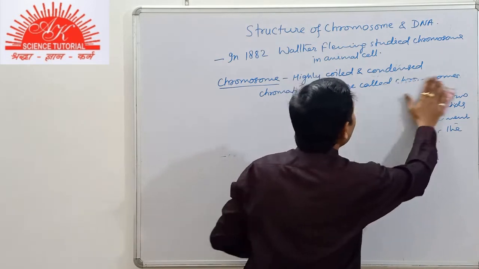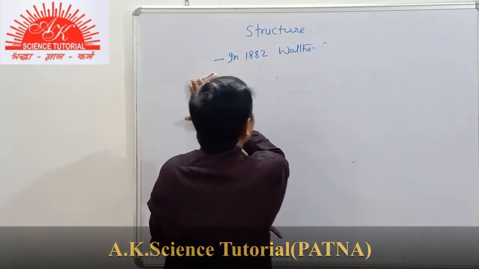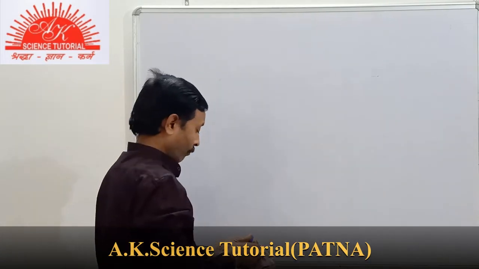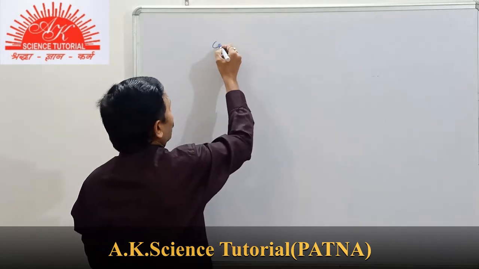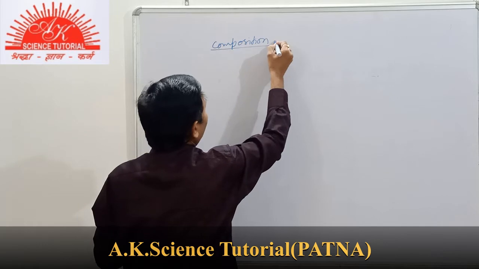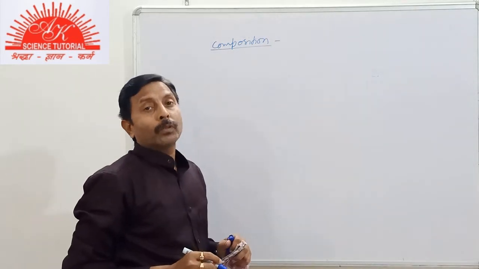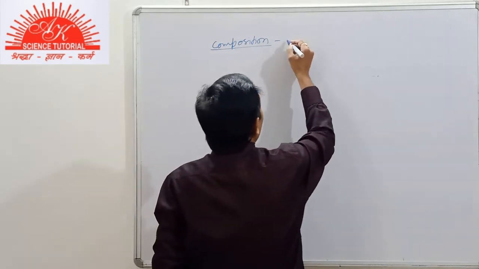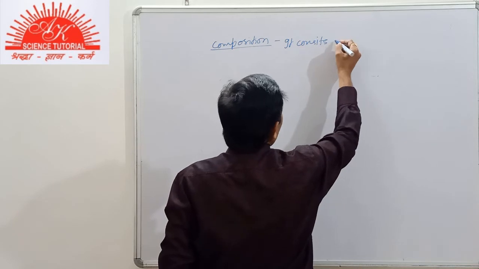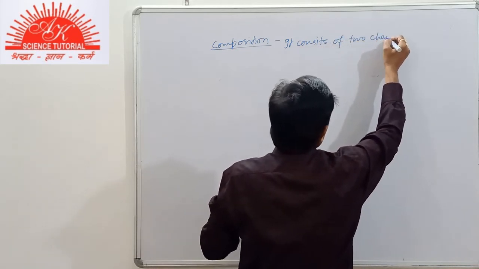Now, here next we have to study about the composition of chromosome. Now, the chromosome or chromatid consists of two chemical substances.